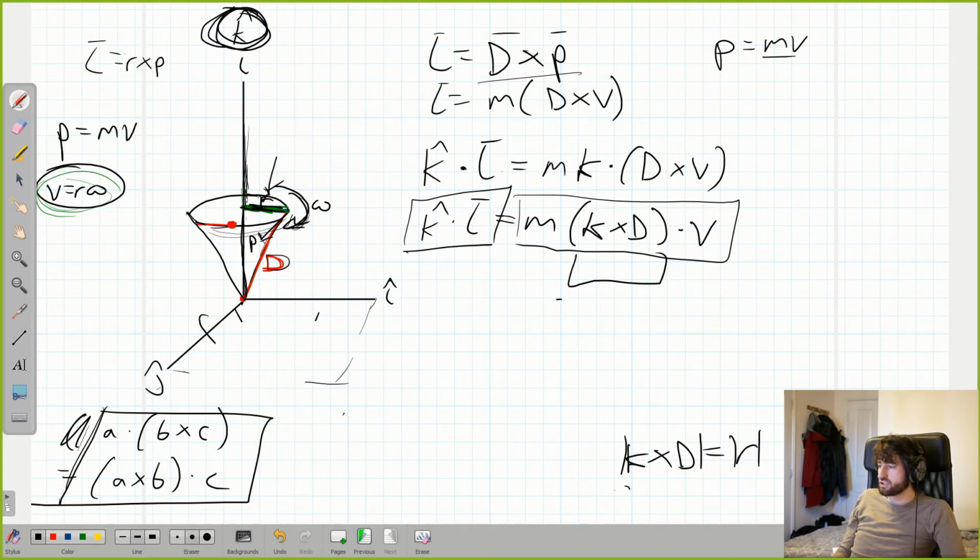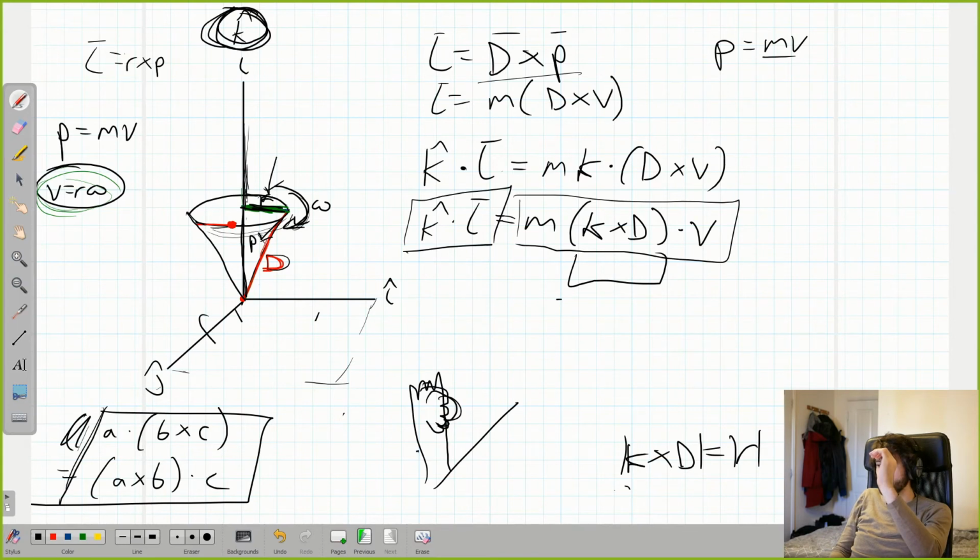Now we need the direction of it. We can do the direction just by doing the hand rule. K is straight up, so we put our hand straight up, and then curl it in the direction of D. D is that way, so we curl our fingers down this way.